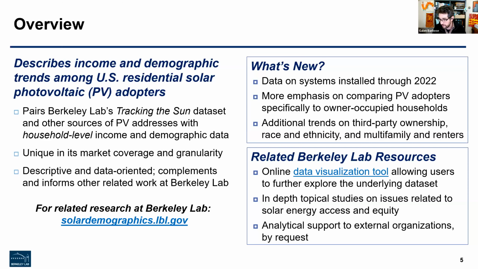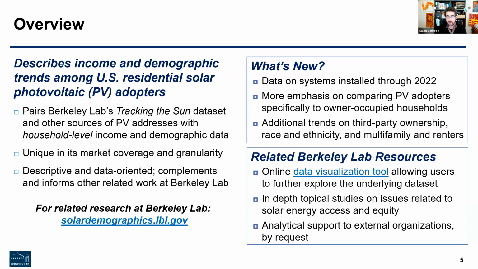Some of you may be familiar with this annual report, but for those who are not, just to give a basic overview of what it's all about, this report is focused on describing income and other demographic-related trends for U.S. residential solar adopters, and specifically on-site or rooftop adopters.